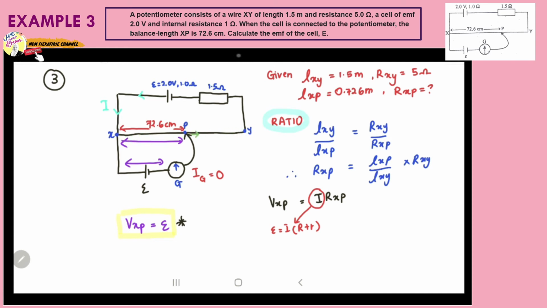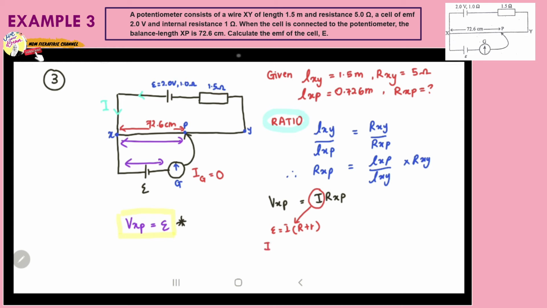The second external resistance is the 1.5 ohm resistor, our second resistor, plus the internal resistance. So let's calculate the current.